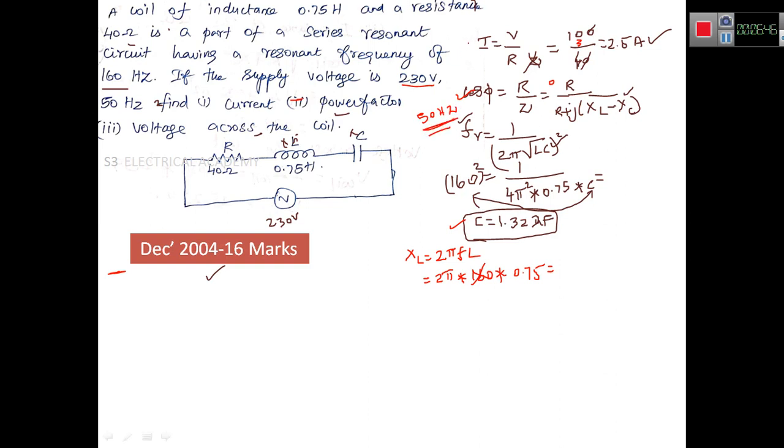Here the current will be asked only for 50 hertz frequency. So first, instead of substituting resonant frequency, we can simply substitute 50 here. 2 into pi into 50 into 0.75. Don't substitute resonant frequency here, because we have to determine all the parameters with only 230 volt, 50 hertz supply.